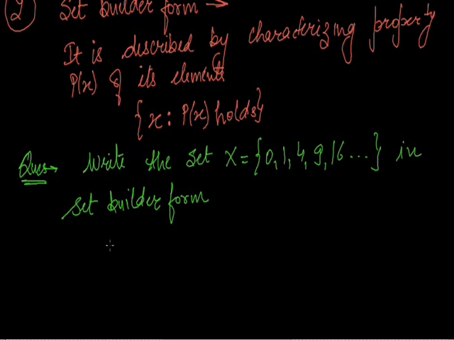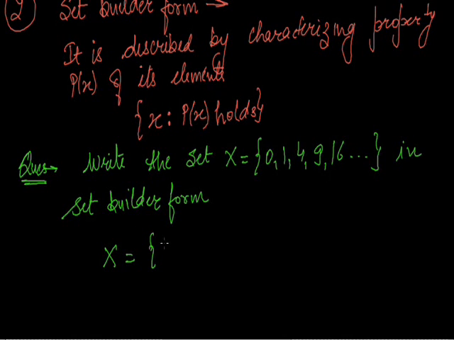So write x equal to, start the curly braces. These are the squares of the numbers: 0 square, 1 square, 2 square, 3 square, 4 square. So the series goes like the squares of the numbers.